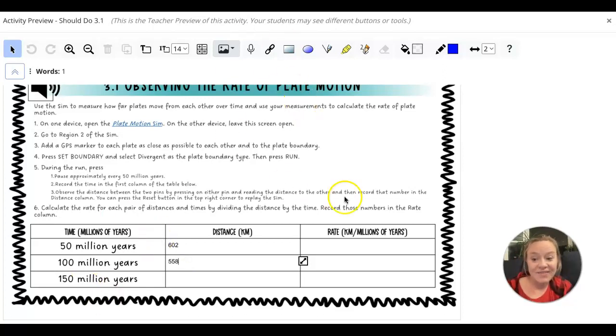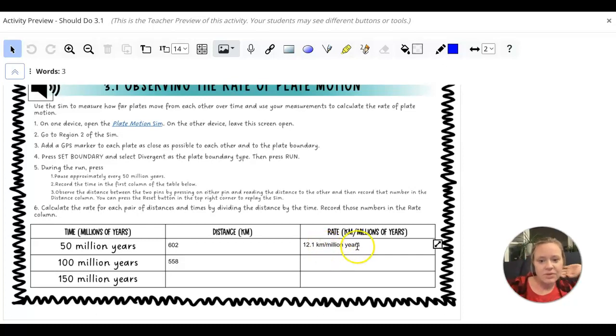And then we'll do it again for the next 150 million years. Again, yours is going to be different than mine, but that's just what we're going to do. And then we can do the rate. We can do the number 602 over 50 million years, which gives us a rate of 12.1 kilometers per million years.